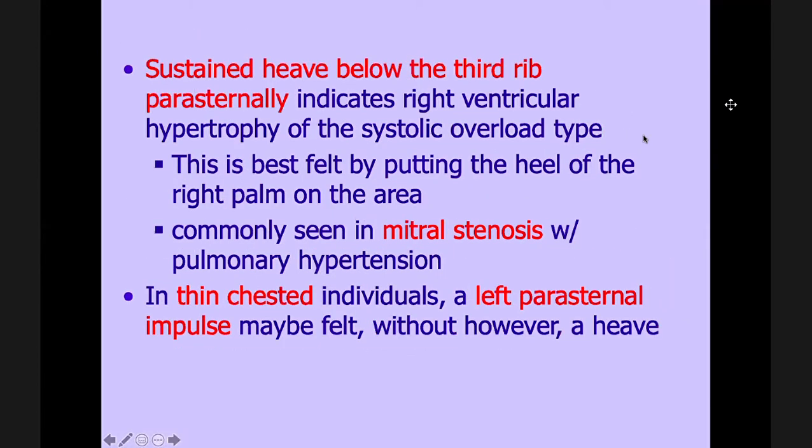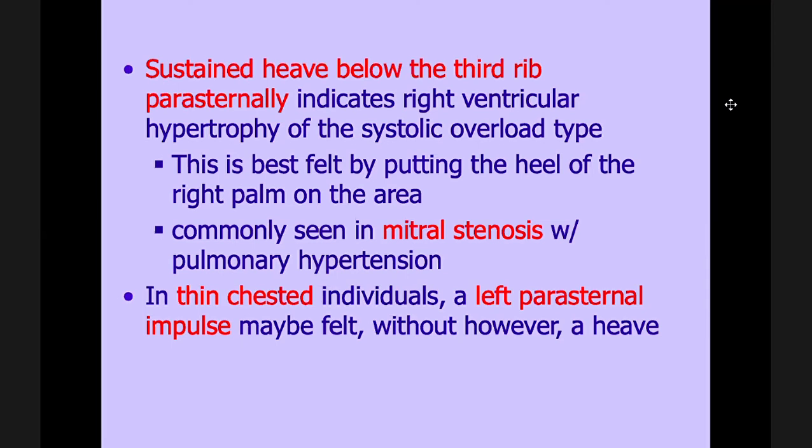Now, if you feel a sustained heave below the third rib parasternally, this indicates right ventricular hypertrophy of the systolic overload type. This is best felt by putting the heel of the right palm on the area. This is seen in mitral stenosis with pulmonary hypertension.